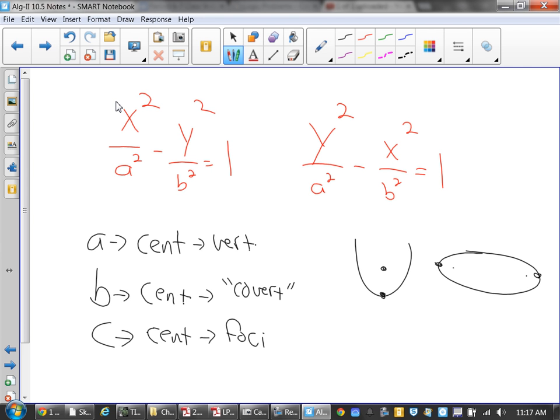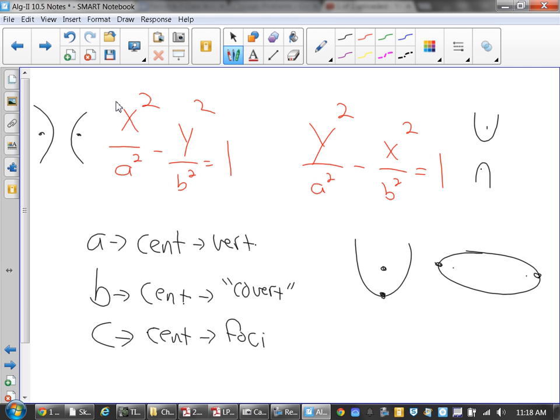When you get to the hyperbola, if the x squared comes first, that means it's opening left and right, and the vertex is still looking at the focus. If the y squared comes first, it's opening up and down, and it's still looking at it. Okay? Which means the C value is further away from the center than the vertex.